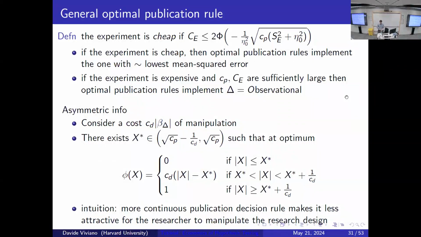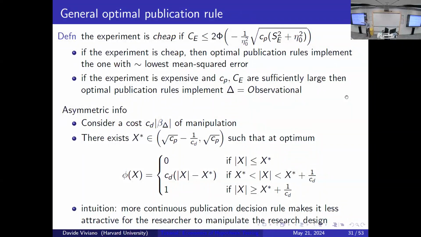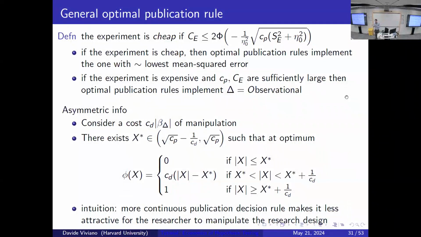So for the editor, X is going to be noisy, but for the researcher, it's going to be observed. And so for the threshold, I just want to add some noise. I want to randomize whenever my X is between these two values. Because even if I observe the true X, there's going to be some probability that I publish and some probability that I don't publish. I don't know deterministically what's going on as a researcher.